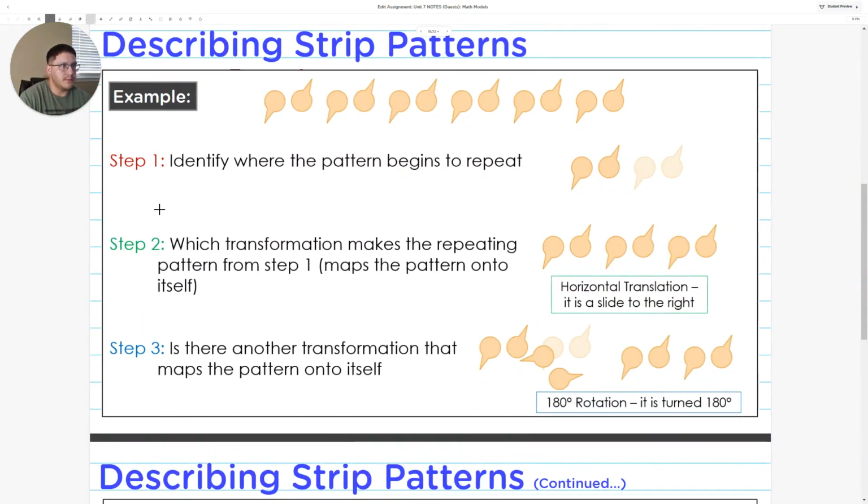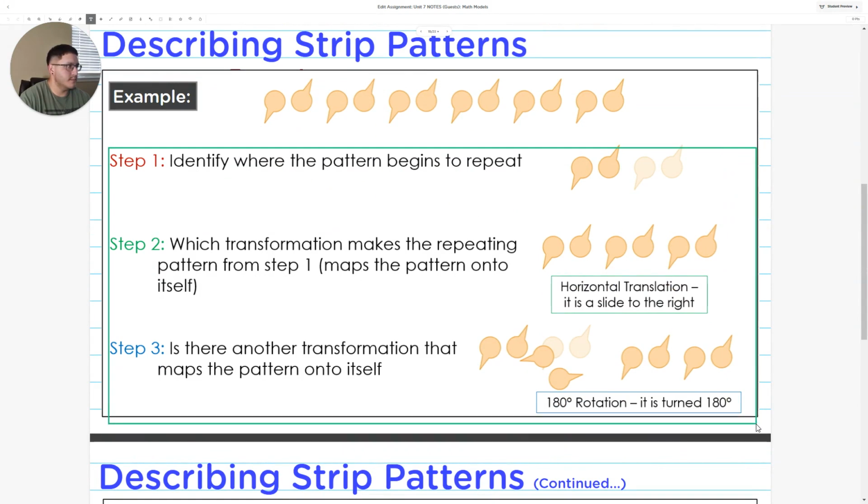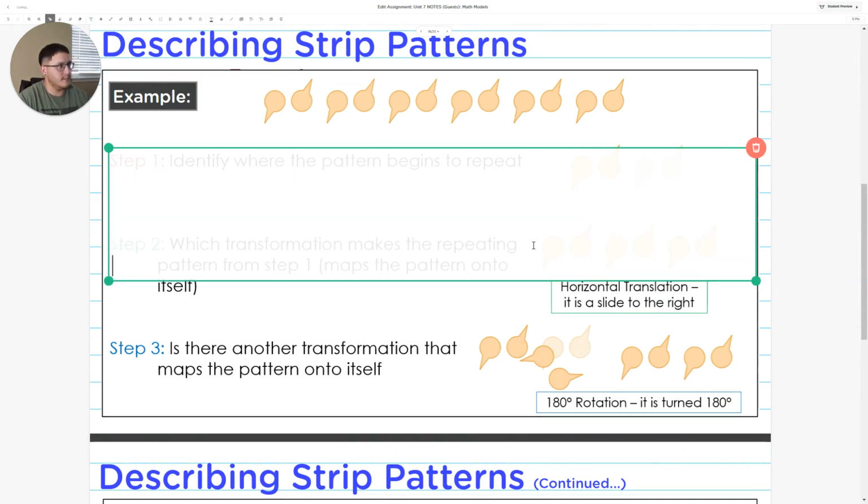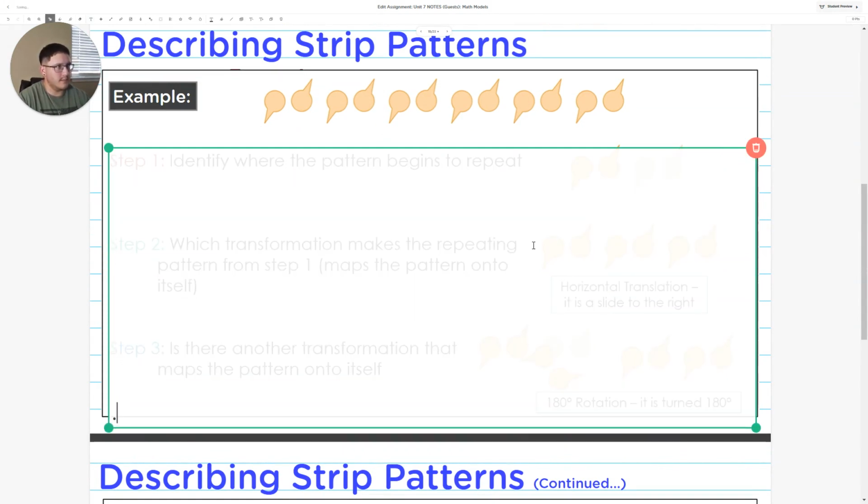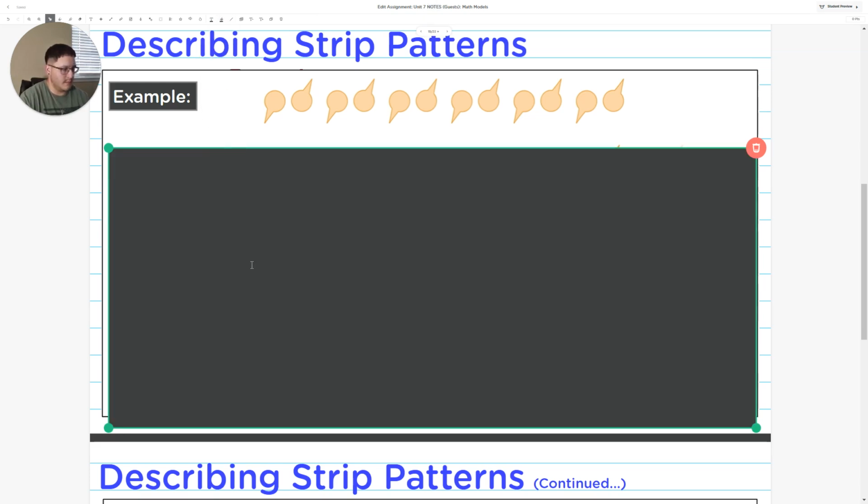So in this example, we have a pattern. We have what looks like ice cream cones being repeated over and over and over again. So this is a strip pattern.